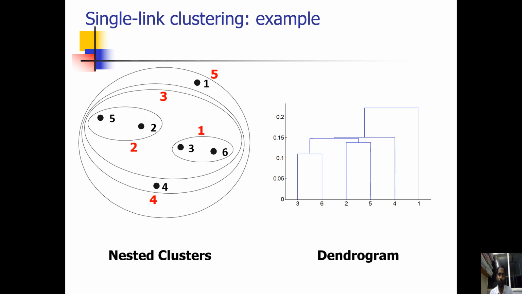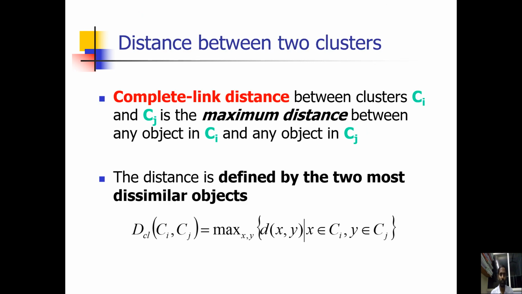Single link clusters form nested clusters and a dendrogram. Let's discuss complete link with an example. Complete link is the opposite: the maximum distance. This is cluster Ci and this is cluster Cj, with their points.